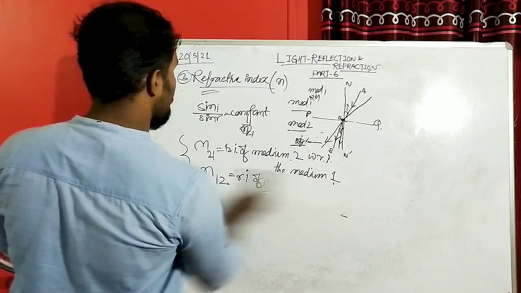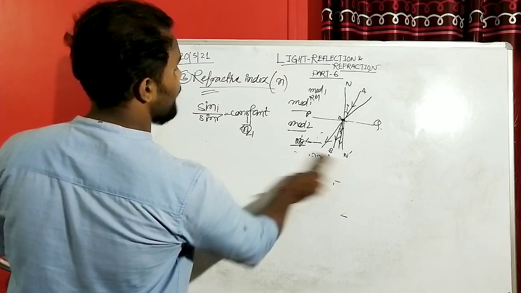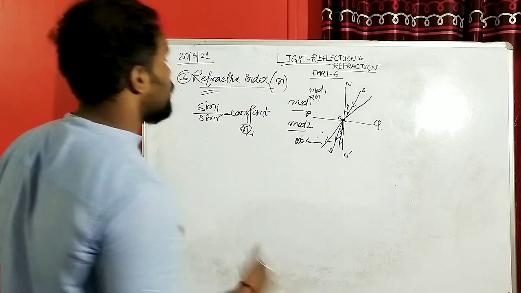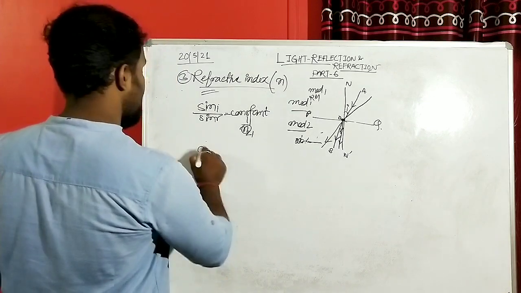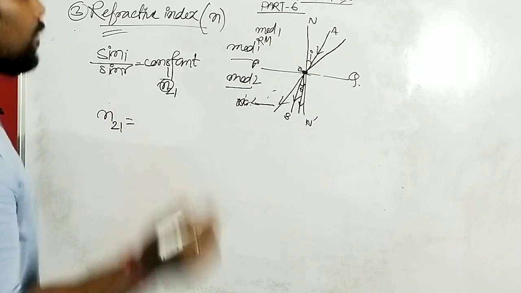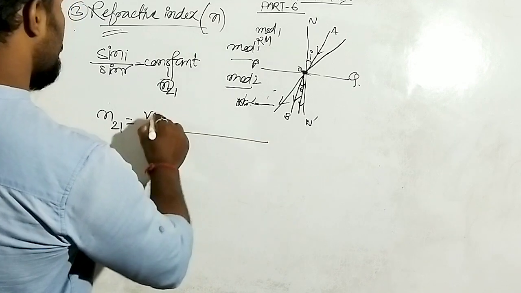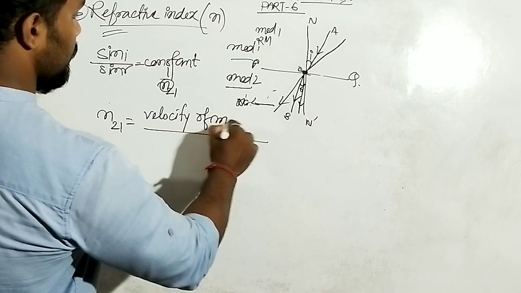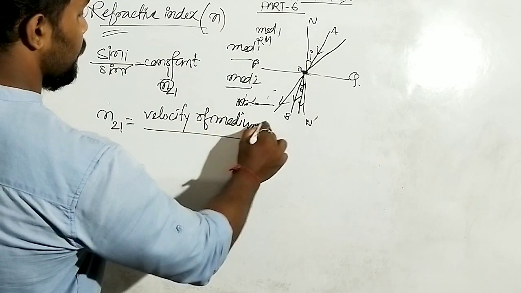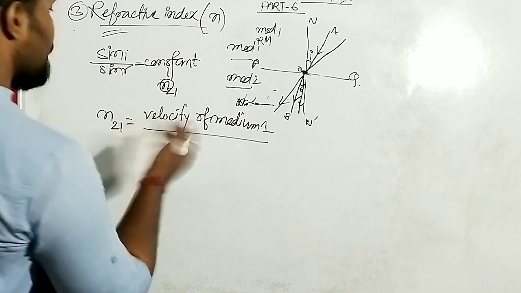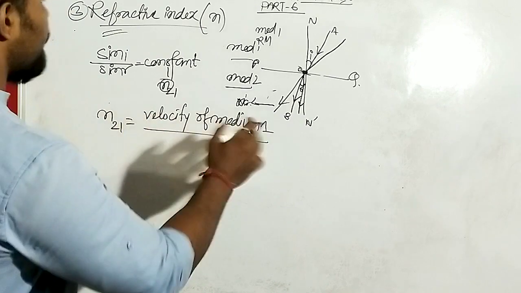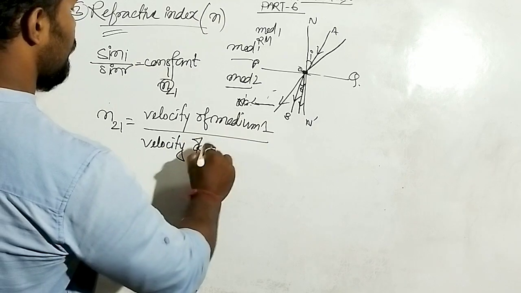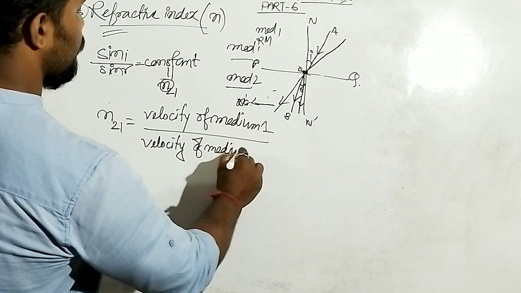Now we will see the link of this refractive index with velocities, and that velocity is the velocity of light. So we can say n21 has a relation with velocity: the ratio of two things, velocity of medium 1 to the velocity of medium 2.